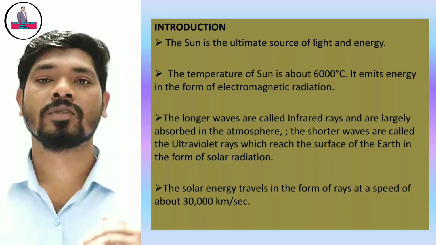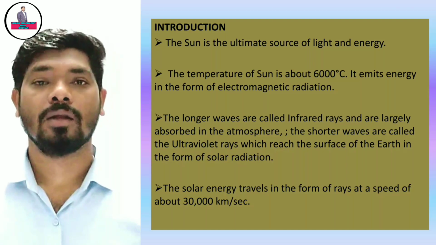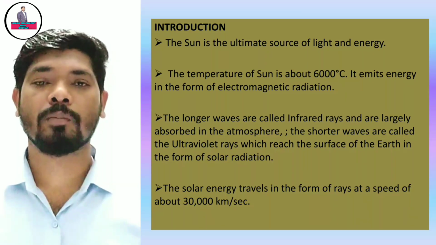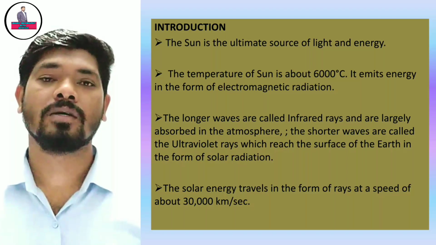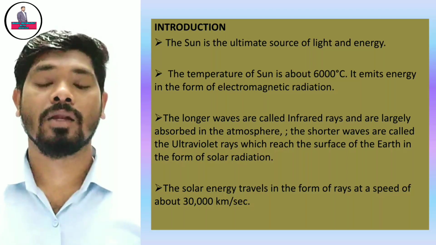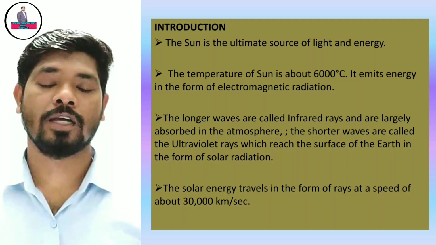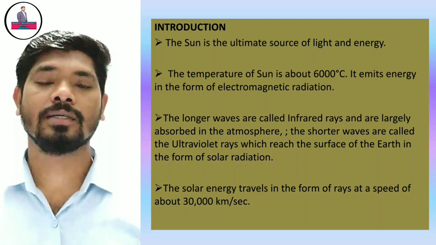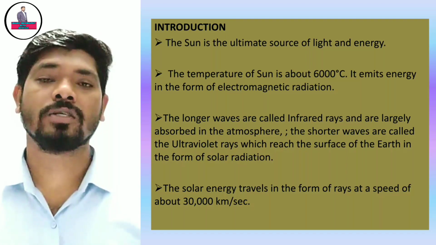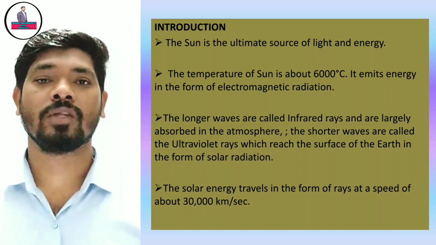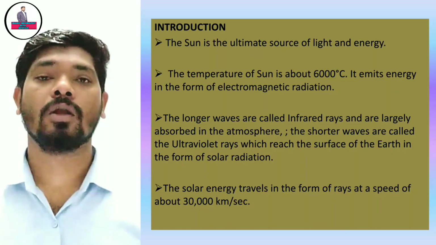So, the difference between the short waves and the long waves. The short waves, that is ultraviolet rays, directly reach the surface of the earth, and the long waves indirectly heat the atmosphere, that is, from the surface of the earth, emitting by the process of convection, conduction and radiation. They heat the atmosphere and are known as infrared rays or long waves.